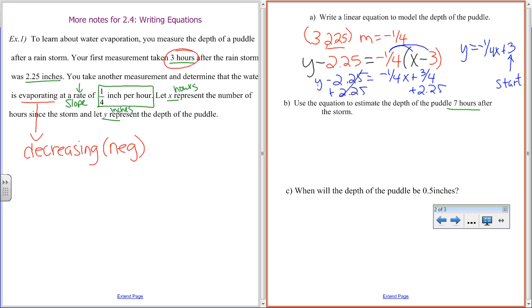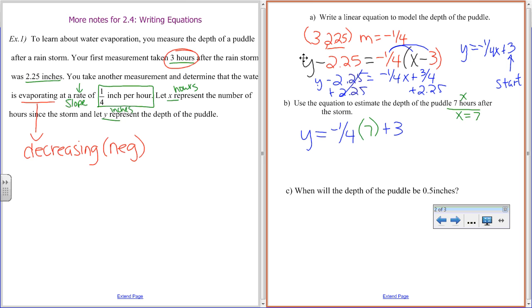I've got 7 hours. X was hours, y was inches. So the 7 hours is an x value. Why is that important? Well, I'm going to use substitution like we have in the past. This is x is equal to 7. I have an equation. I'm going to plug 7 in for x. So I'm going to have y is equal to negative 1/4 times 7 plus 3.